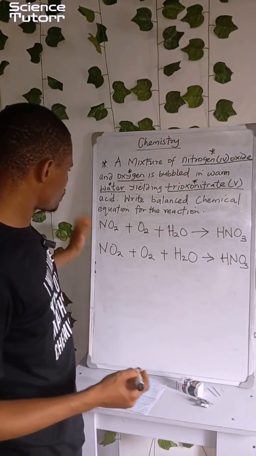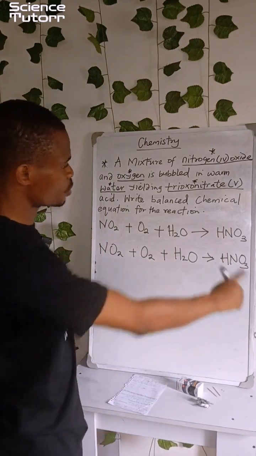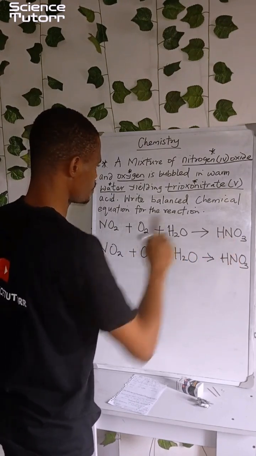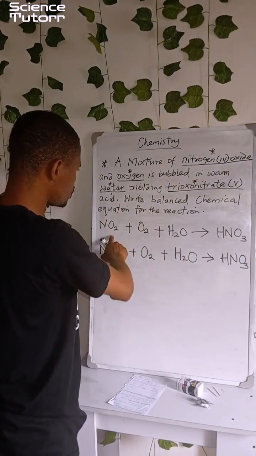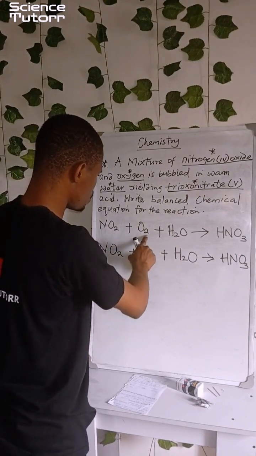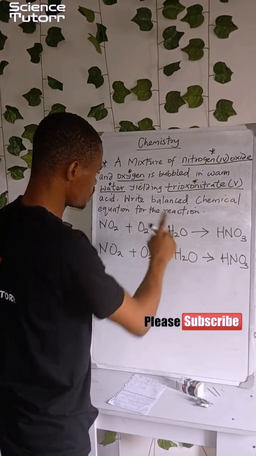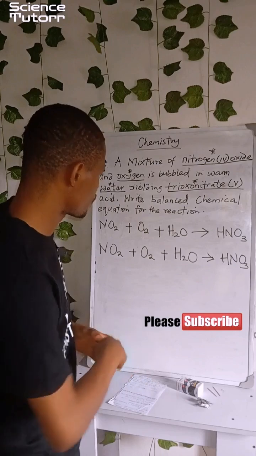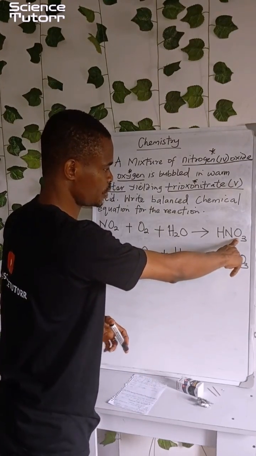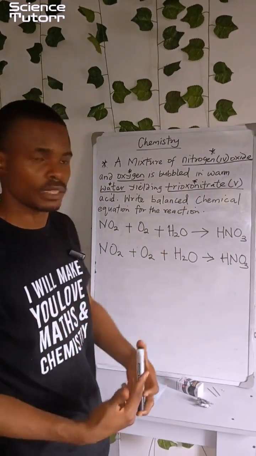Now, on the reactant side, we have one nitrogen here. On the product side, we have one nitrogen. So nitrogen 1, 1 is balanced. Oxygen on the reactant side, we have 2 here, 2 here, 1 here. So 2 plus 2 plus 1 gives us 5 oxygen, while on the other side we have just 3 oxygen. So 5 on the reactant side and 3 on the product side, it is not balanced.